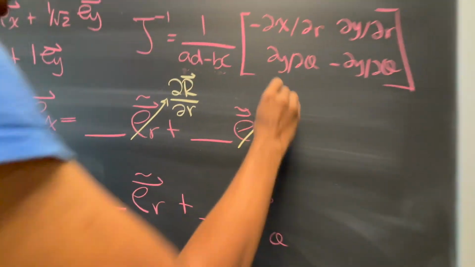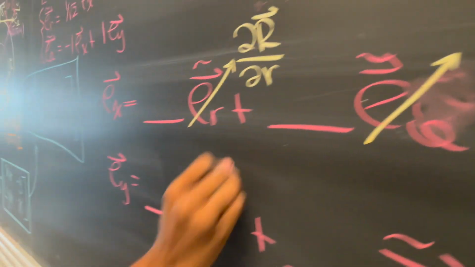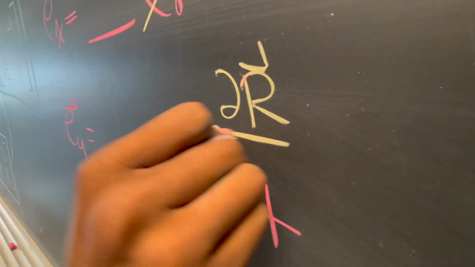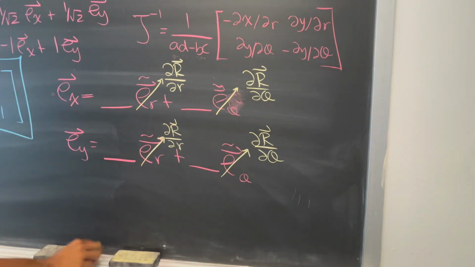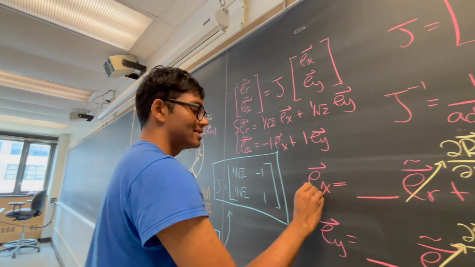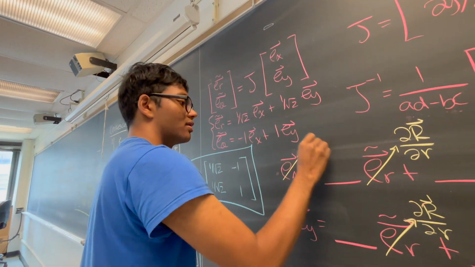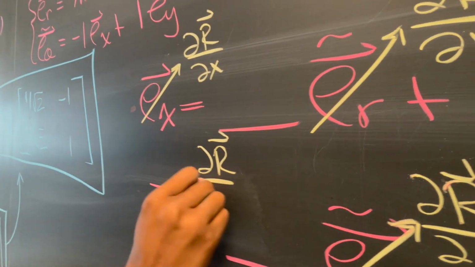Similarly, e sub theta is partial r, partial theta. And we're going to repeat that over here. Now all we have to do is use the multivariable chain rule. Remember, e sub x is nothing but partial r, partial x.